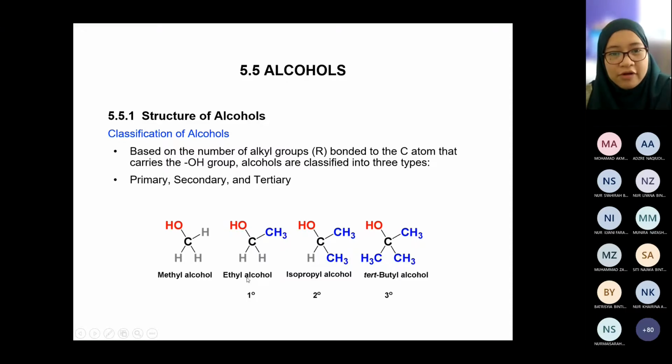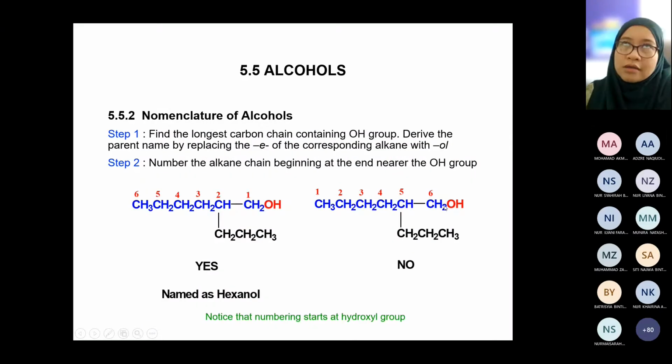So therefore, this alcohol is considered a primary alcohol. We also have secondary, tertiary, and methyl alcohol. If you understand the classification of alkyl halides, you should not have a problem understanding this classification of alcohols.